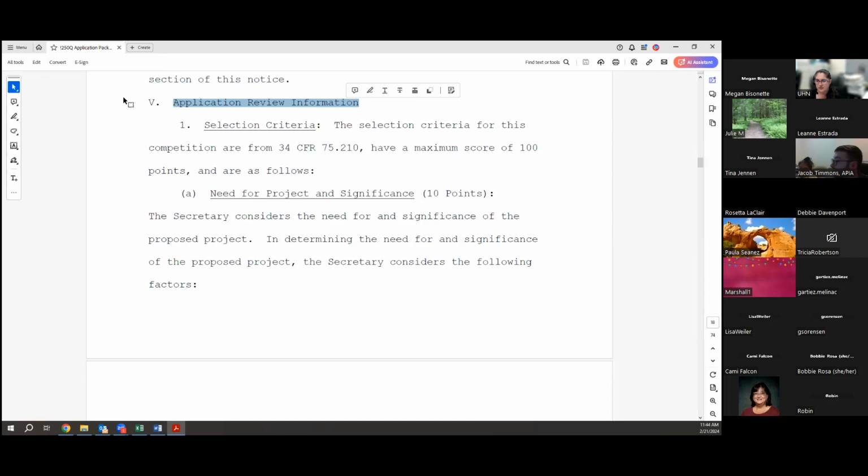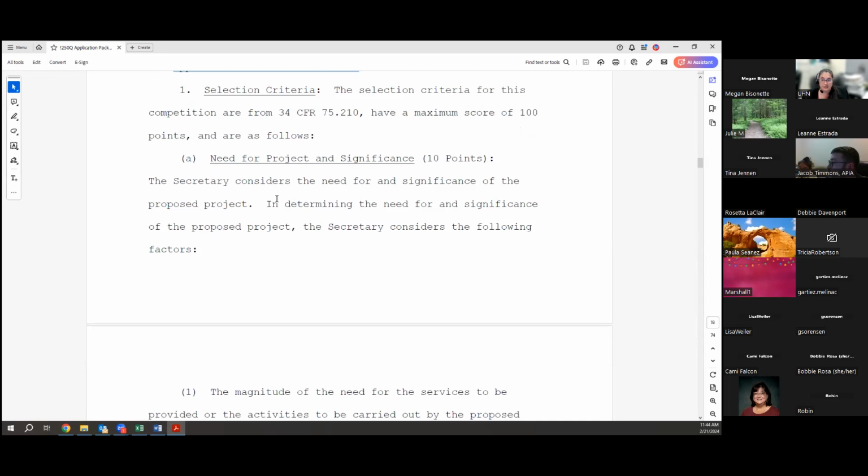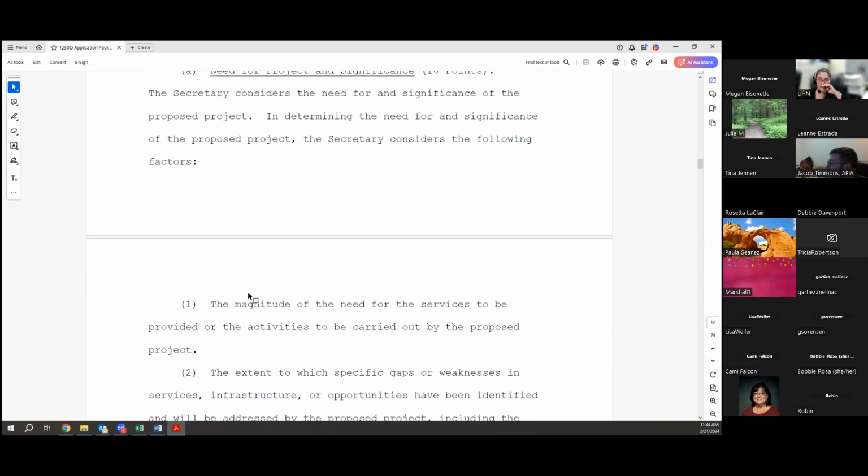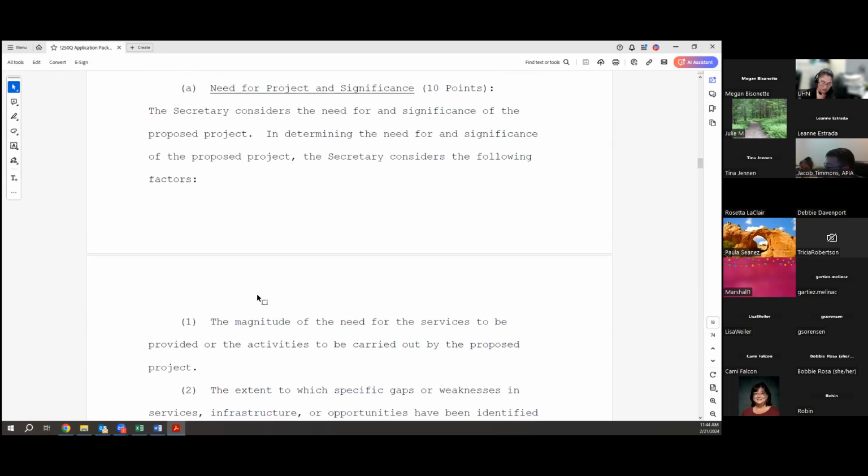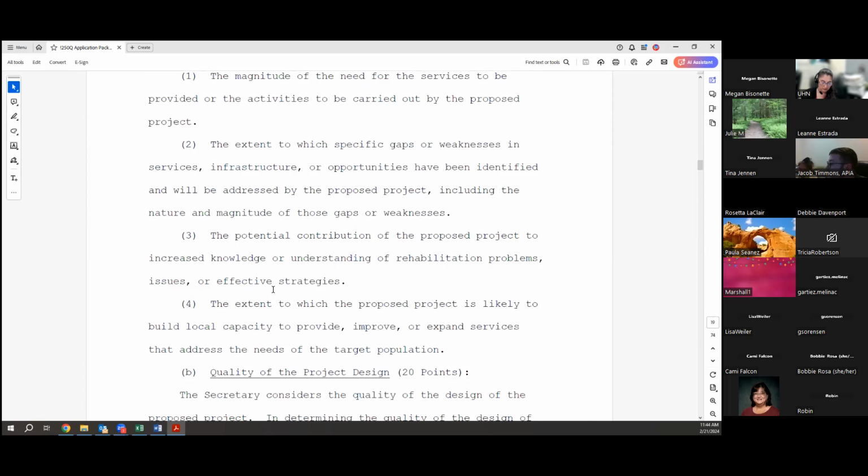So this breaks down the selection criteria. So it's the maximum score of 10 points. As existing programs, you do get some priority points. So I guess if you had a perfect score, you can score over 100. And so A, need for project significance is the first one. And B, quality of the project design, 20 points.